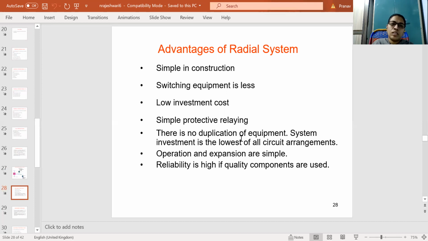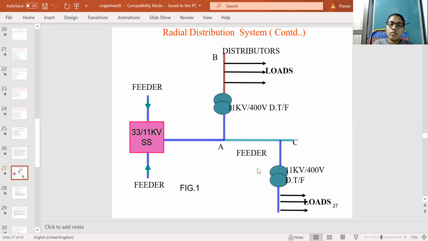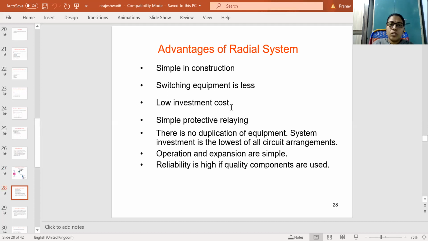The switching equipment requirement is less, and also simple construction, that is the radial feeder and distributor connection, and lowest investment, and also simple protective relaying is required in radial systems. So no duplication of equipment, and it invests the lowest of all circuit arrangements.